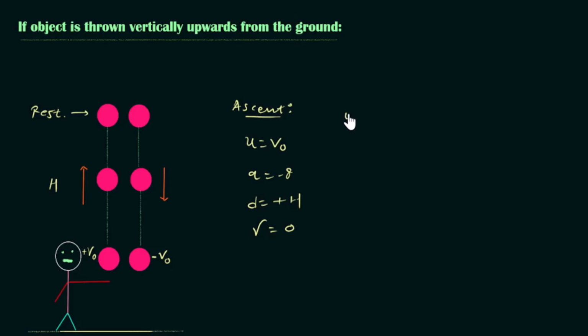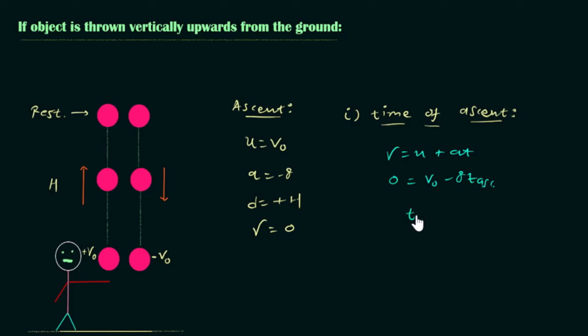Now we calculate the time of ascent using the equation v equals u plus at. V is 0, so 0 equals v naught minus g t ascent. So the time of ascent is v naught upon g. The time for the ascent is always v naught by g.